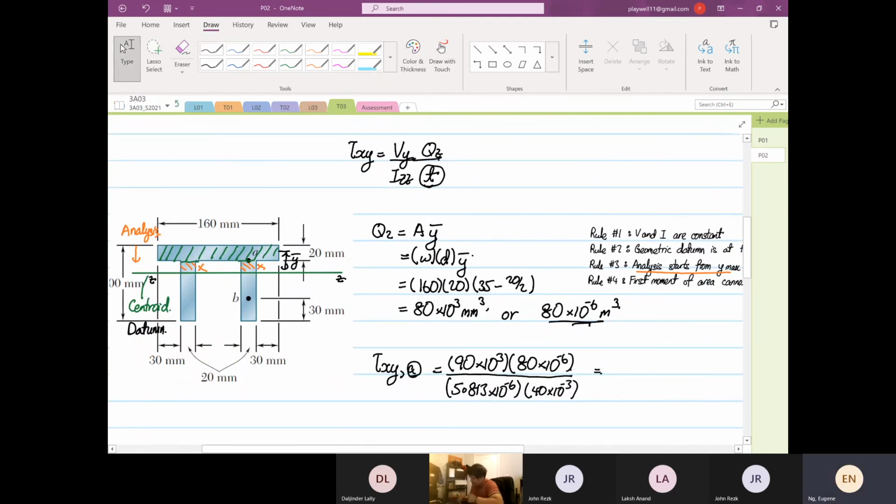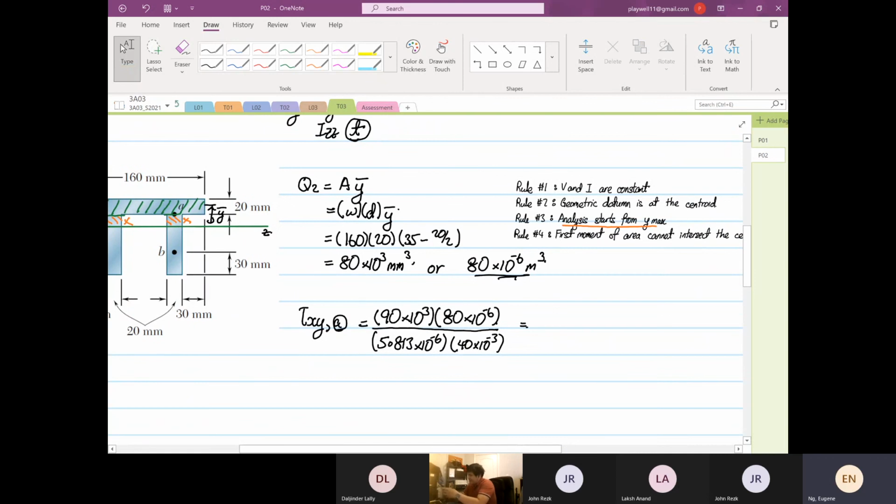The formula is easy, isn't it? This is equal to 30.965 times 10 to the power 6 Pascal.